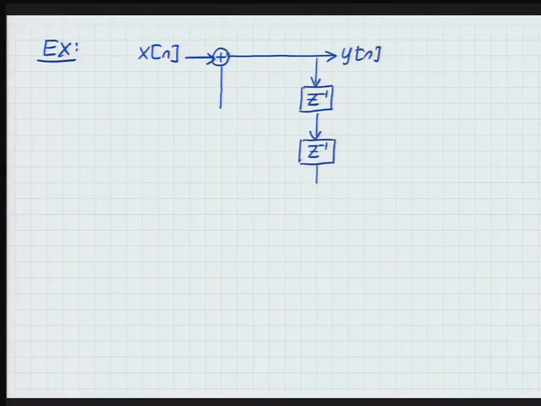Okay? And what happens is we do another sum here. So that goes up. And so we are going to multiply this guy, the delayed y, with negative a1. And then we are going to multiply this one with negative a2. And I want to know what is the transfer function from x to y.